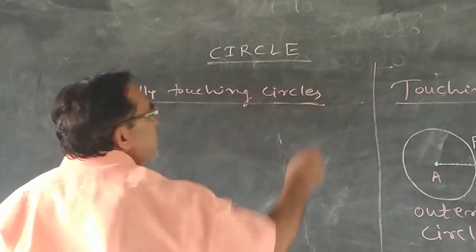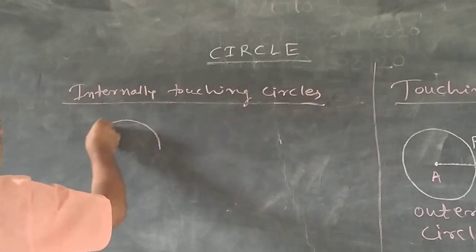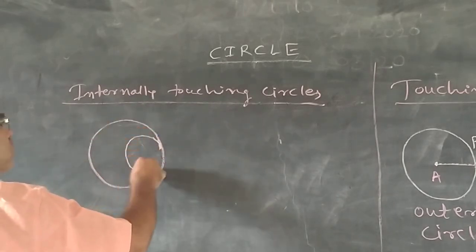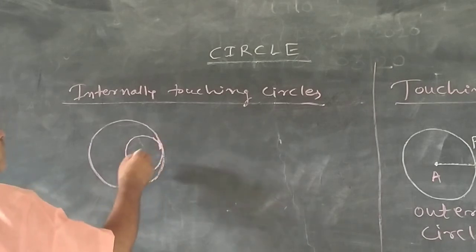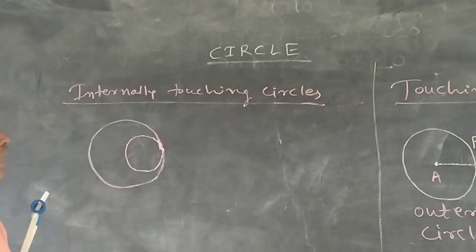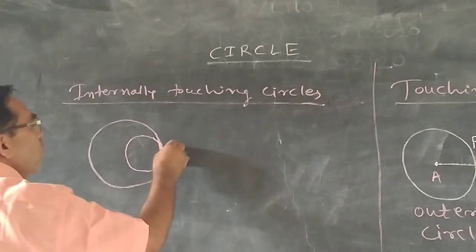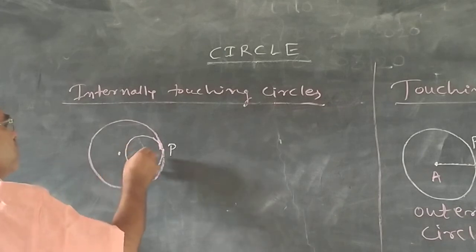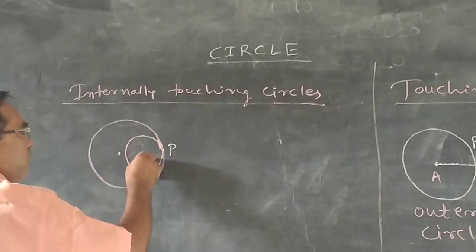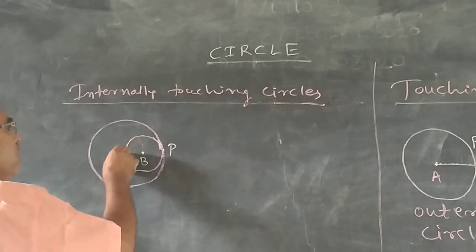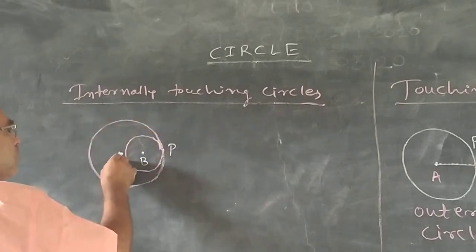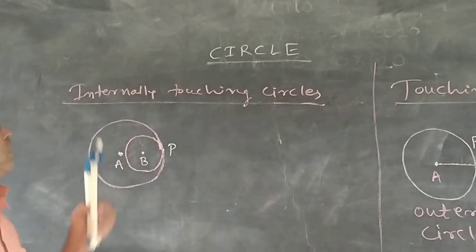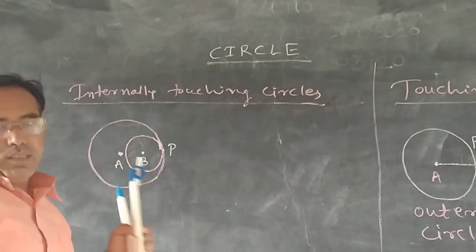This is one circle, this is another circle which touches internally here, and they intersect at only one point P. This is the center of the small circle called B, and this is the center of the bigger circle called A. Then these circles are called internally touching circles.